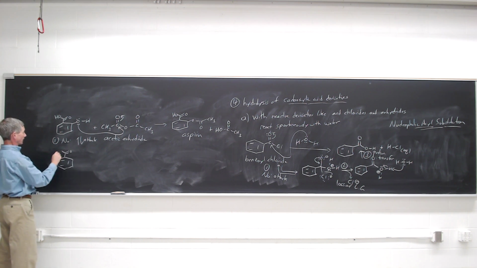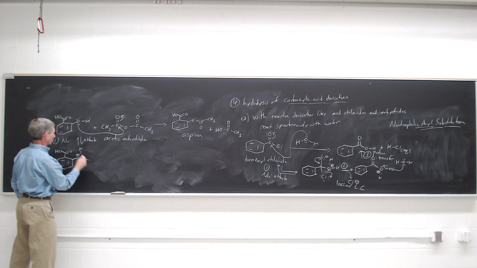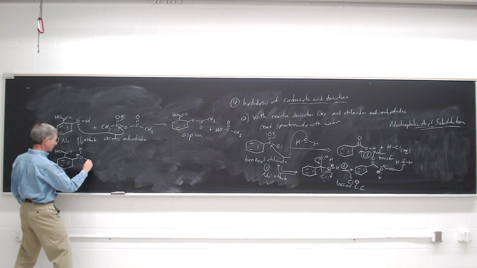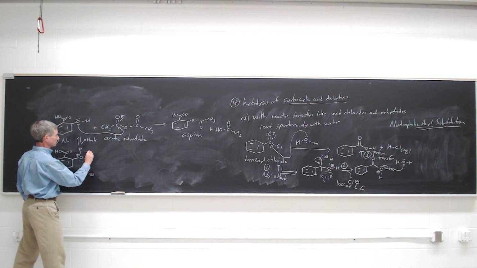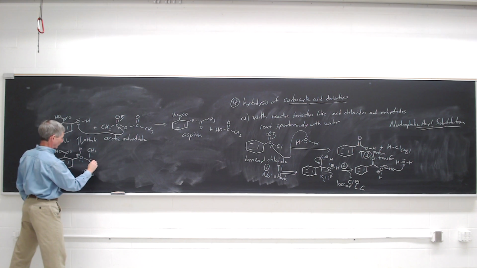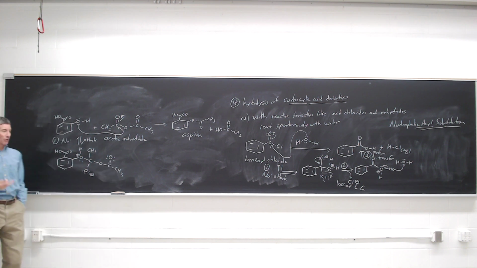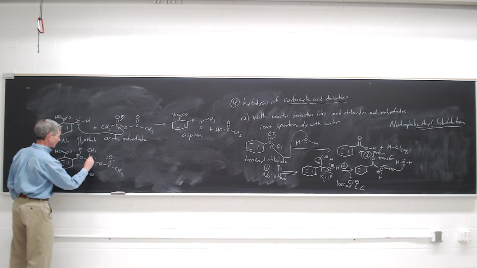Phenol is a good enough nucleophile and the anhydride is a good enough electrophile to interact directly. The nucleophile doesn't need to be negatively charged. We have a tetrahedral intermediate.